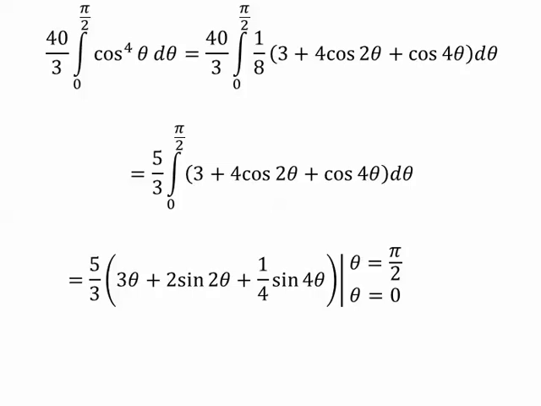And when you evaluate for theta being 0, all the terms are going to be 0. And so I'm going to be left with 5/3 times 3 pi over 2. And when the dust settles on the arithmetic, I get 5 pi over 2. And we are done. So 5 pi over 2 cubic units is the volume of my solid. Take care. Have a great day.